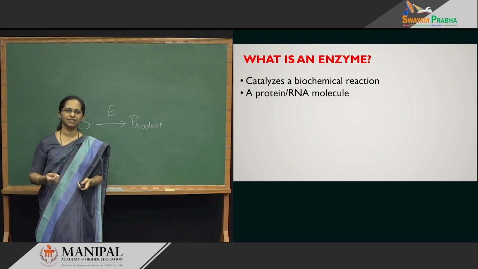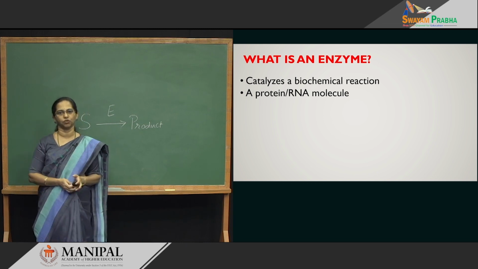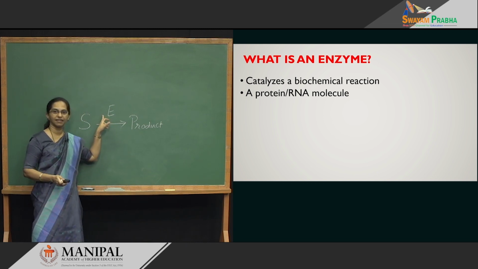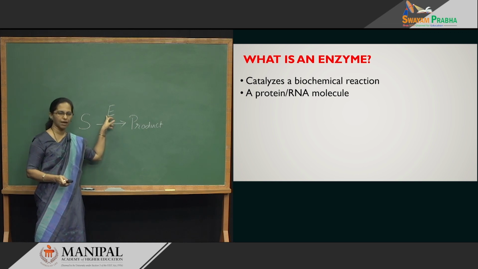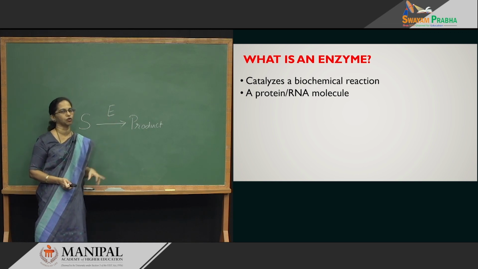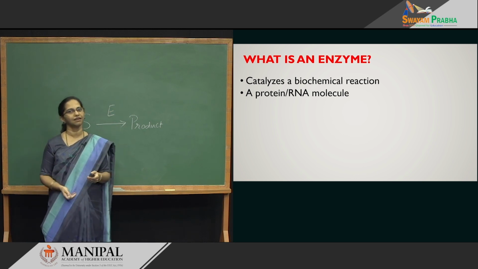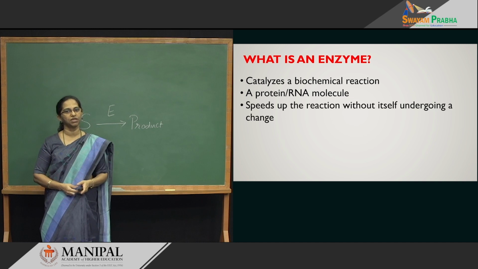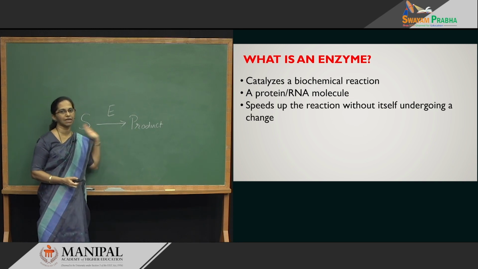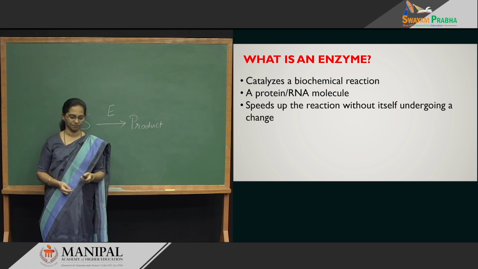Secondly, it is just a protein or an RNA molecule. So, what are these enzymes? They are either proteins or sometimes can be an RNA molecule, but majority of the times they are all proteins. Enzymes are proteins. And what do they do? I told you, it speeds up the reaction. Conversion rate goes on increasing.